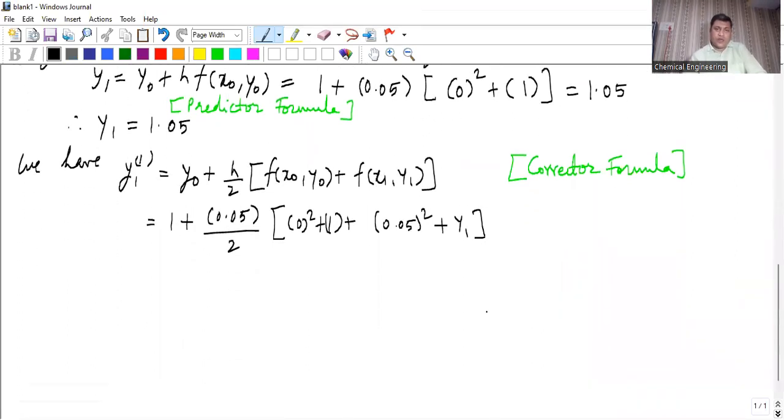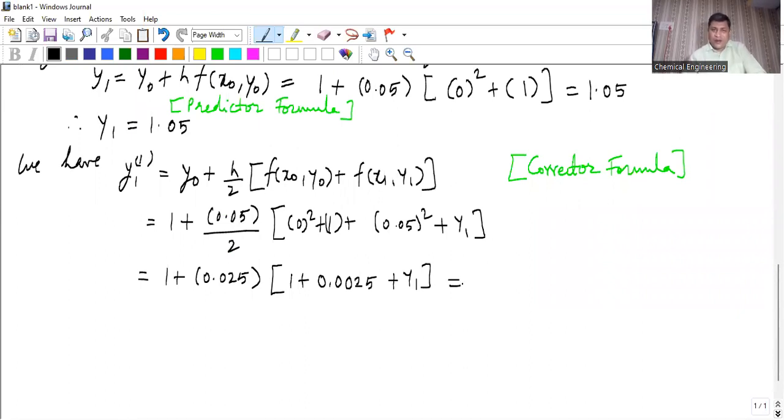Okay, now we simplify this. 1 plus 0.025, and what will be the value of 0.05 square? Is it 0.0025? Is that okay?